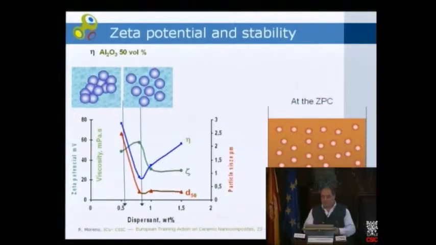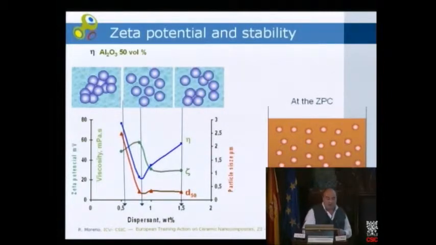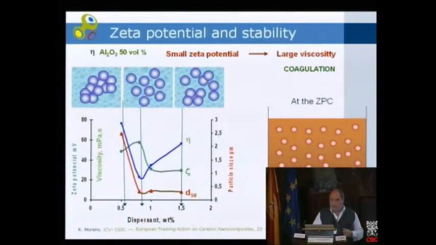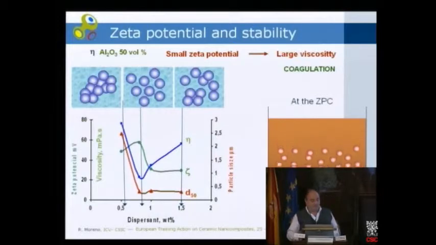This is the best situation to prepare the concentrated suspension, in which we have full coverage of the particle surface. If we have an excess of deflocculant, we have again a decrease of zeta potential and an increase of viscosity. At the point of zero charge, we have no double layer, and then the coagulation takes place and particles sediment.